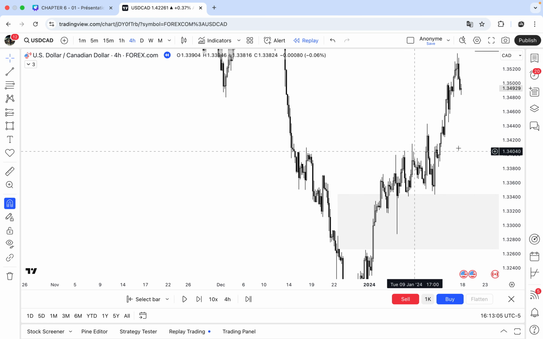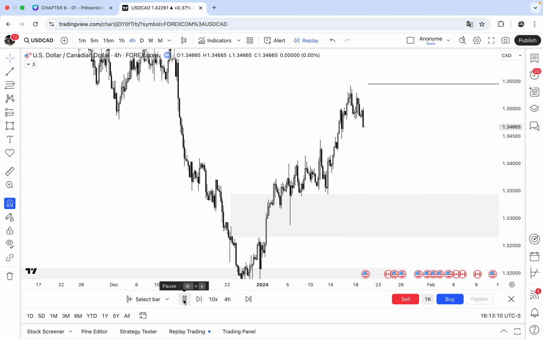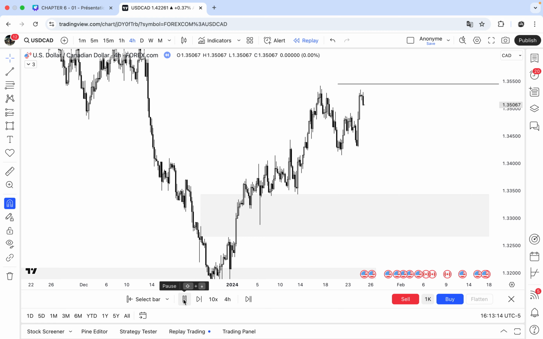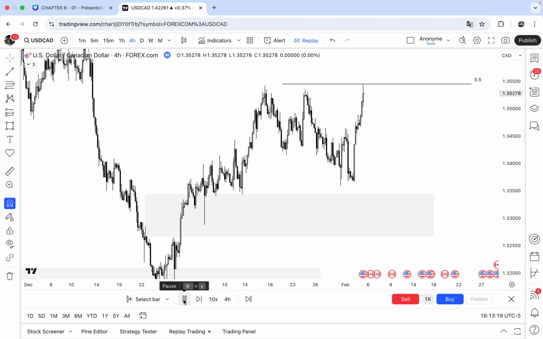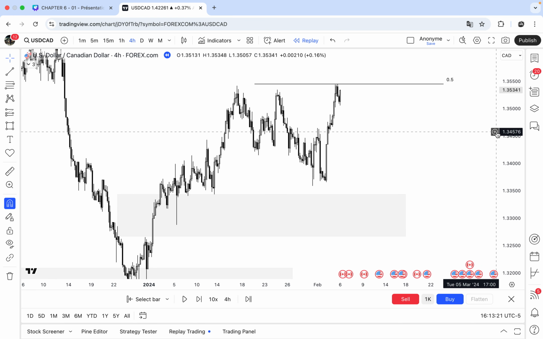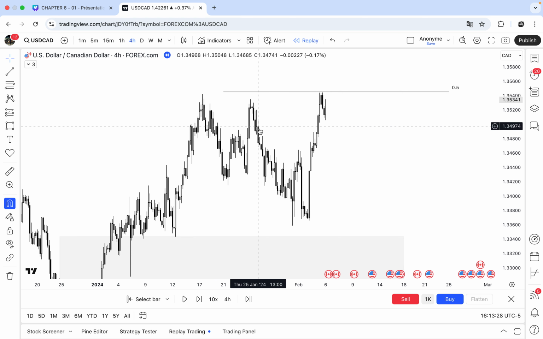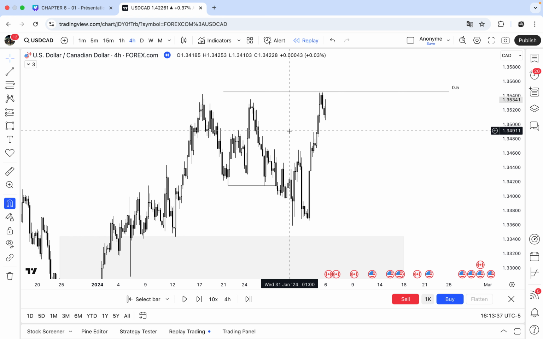Market structure, order flow, everything's bullish right now. All right. So what happened here? Still bullish here. Still bullish. Price right there start to be bearish. All right.